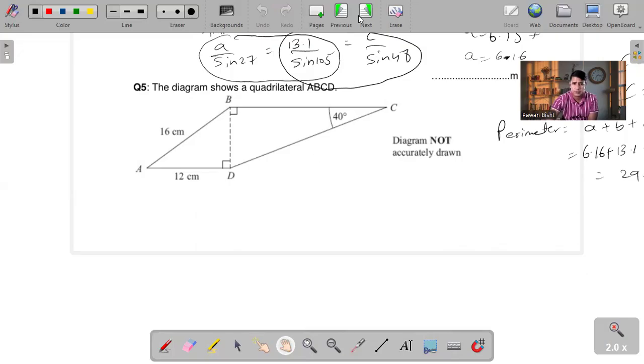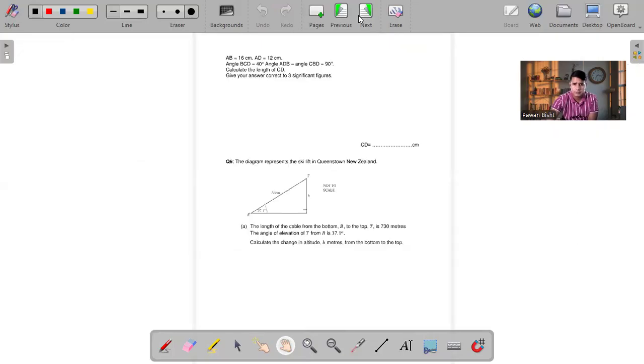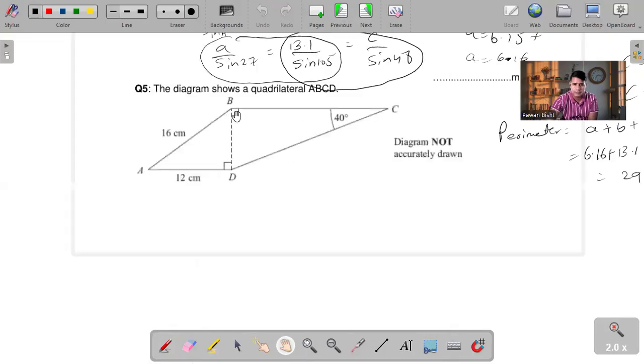First you find the length BD by using Pythagoras theorem, and then you apply the sine rule. Want to try this? I'm sure you can do it. If you have a problem, we will discuss it.